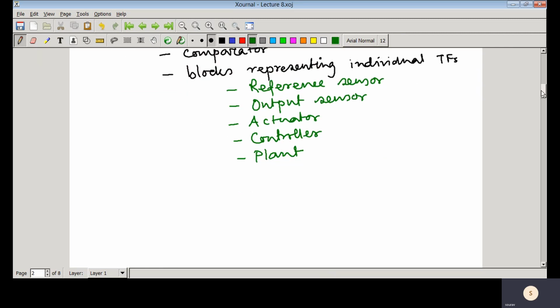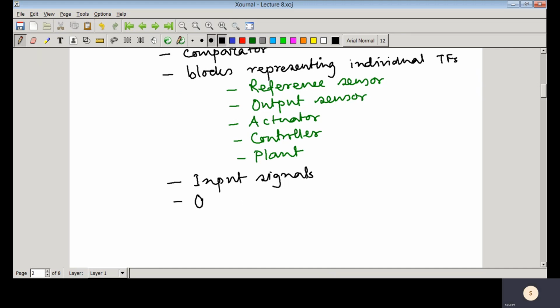And the block diagram comprises various signals. The first one is the input signal that actually drives the closed loop control system. So input signal, that is the reference command.